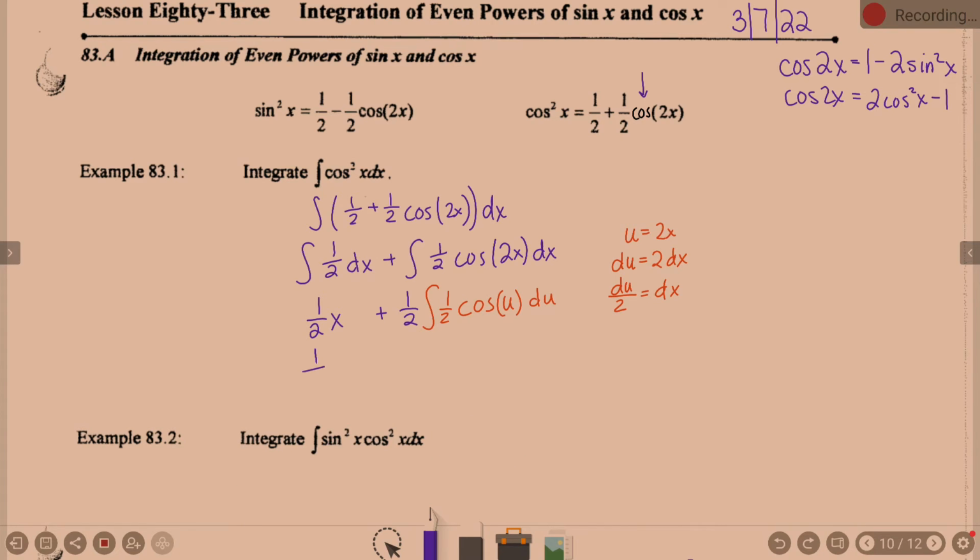So if I rewrite this out, the 1/2 x we already had. The 1/2 times the 1/2 out front is going to be a 1/4. What's the integral of cosine? We already said that was sine. Now, sine of u, but if we want to go back to the original, it's going to be sine of 2x.